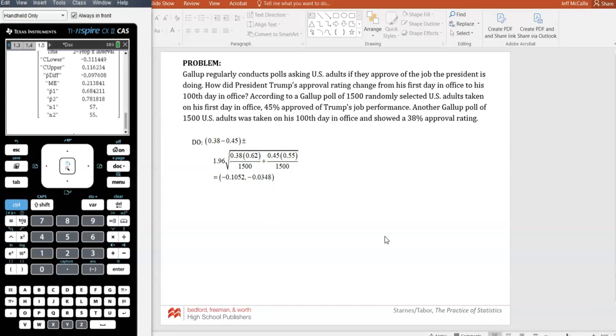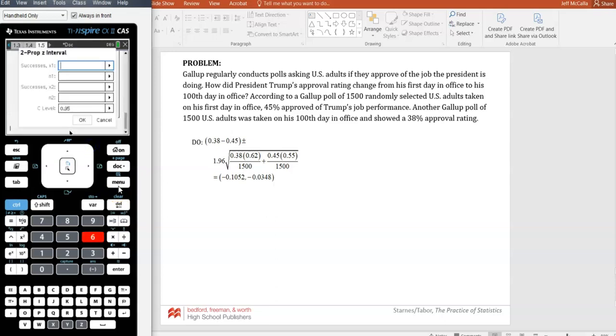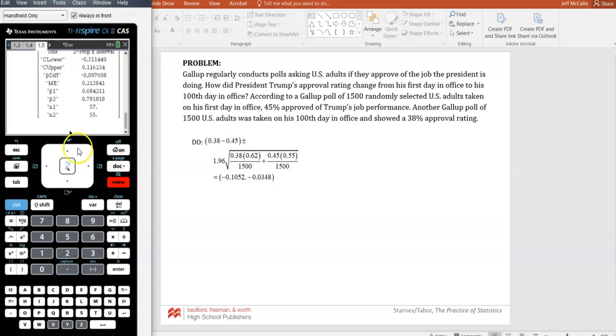For the last two steps, I would definitely use the calculator. So I would hit menu 6, 6, 6. Just so you know how you get that, you almost have to start by doing, what's 45% of 1,500?